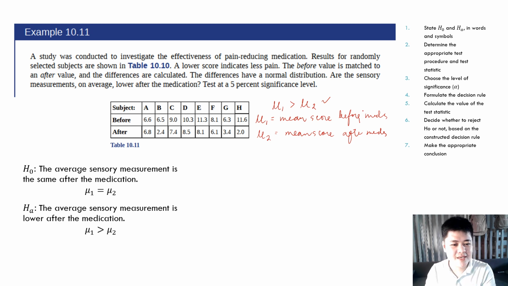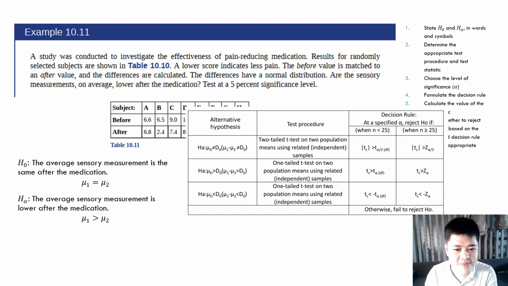Okay. Now, we're ready to determine the appropriate test procedure. Let's have this table. Since our alternative hypothesis is greater than, we'll be doing this one. Our n is just 8, so dito lang tayo sa n is less than 25. So our test will be one-tailed related samples t-test.